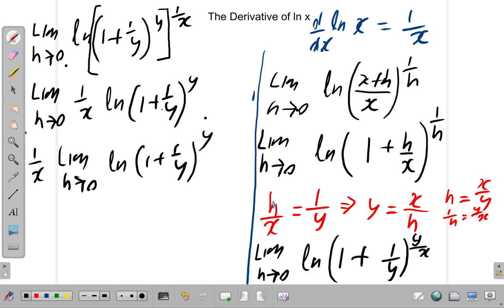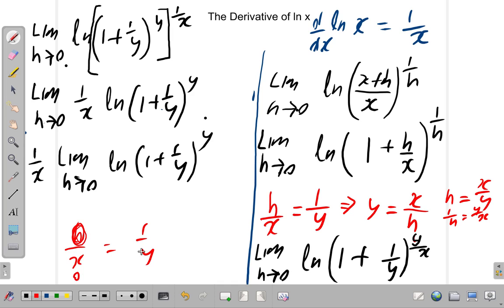Here, if h becomes very, very small, what we have is h over x equal to 1 over y. If h becomes very small and is going towards 0, at some point it goes to 0, then this side would be 0, right?